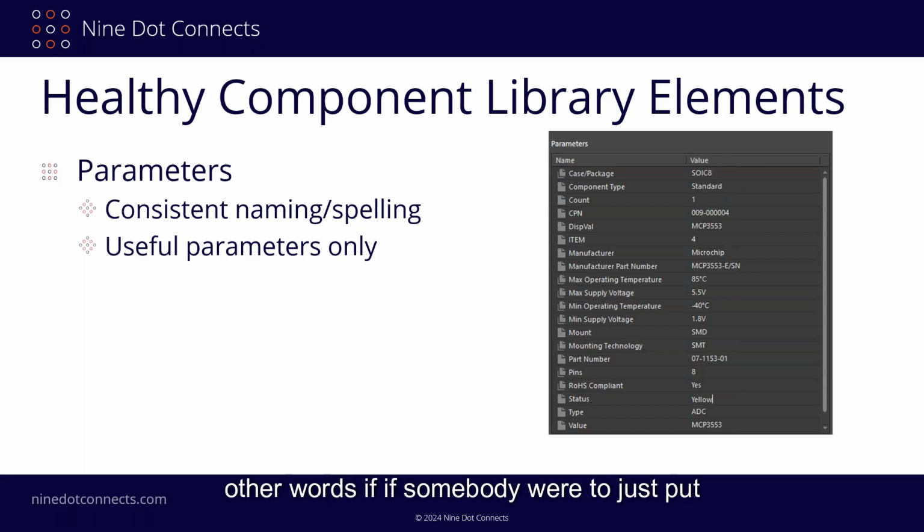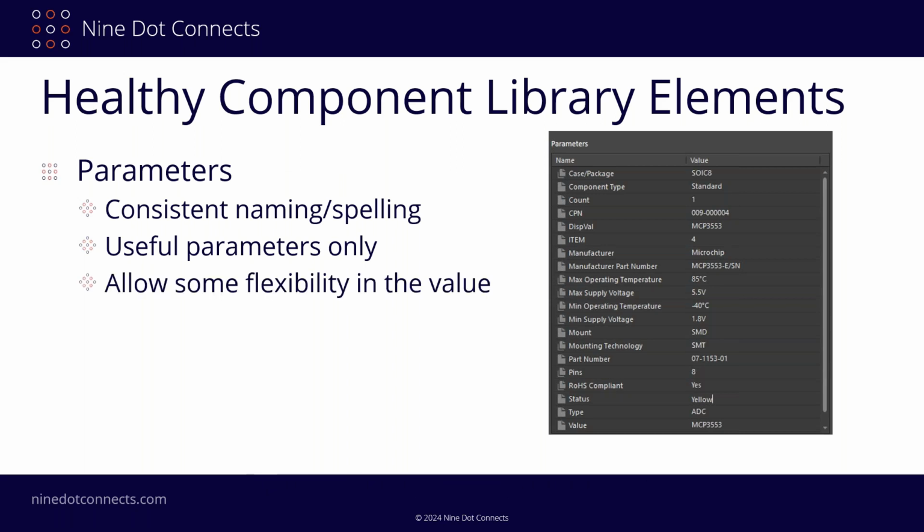If the supply voltage is a range of 1.8 to 5.5, you cannot type that in if you define it as a voltage. So on some parameters, if there's flexibility, you may want to make it a text value rather than a forced value like a voltage. That's what I mean by allowing some flexibility in the value.